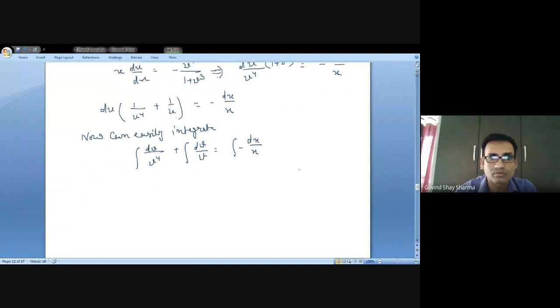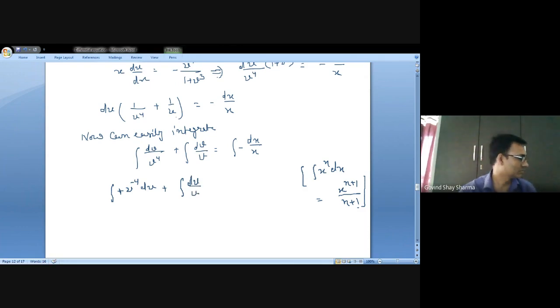We know the result: the integration of x to the power n dx is x to the power n plus 1 upon n plus 1. Here it is minus 4 dv plus dv upon v is equal to minus dx upon x.